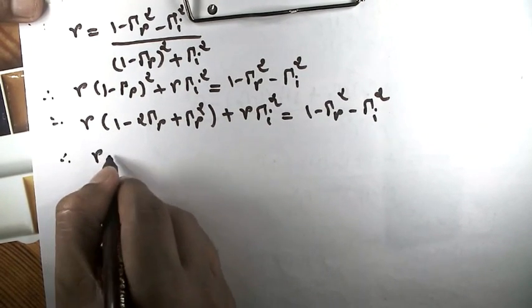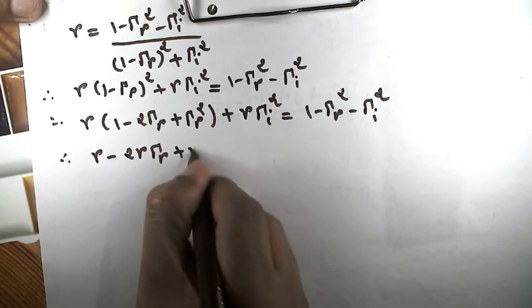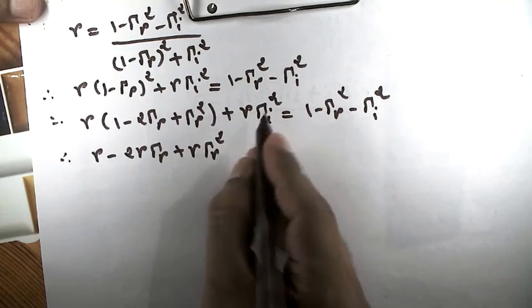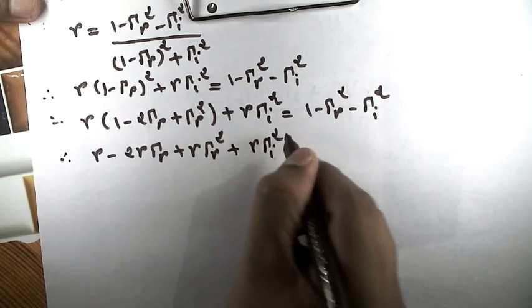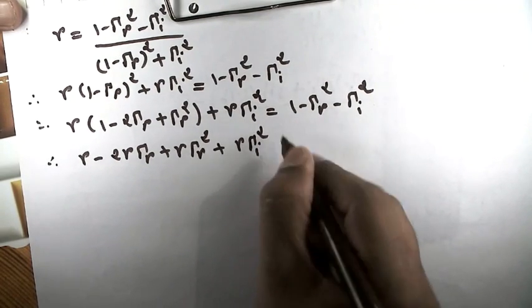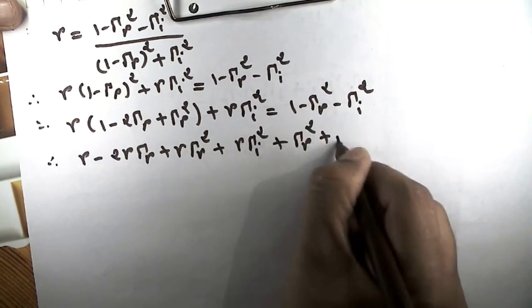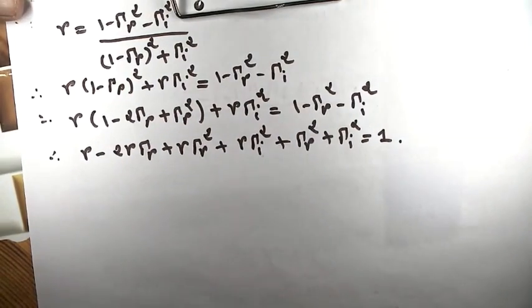So let us once again rewrite this expression. It will become r minus 2 times r into sigma r plus r into sigma r square plus r sigma I square, and let me write down this part here, plus sigma r square plus sigma I square, and that is equal to 1.